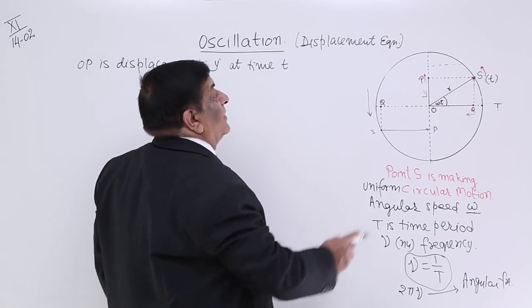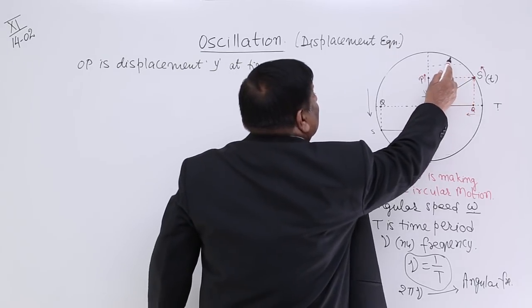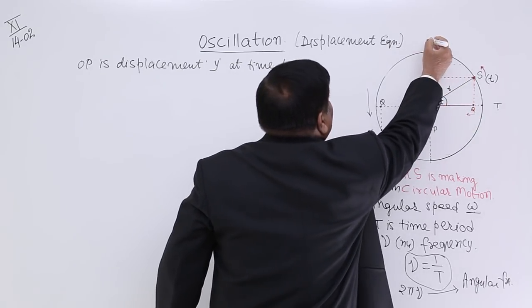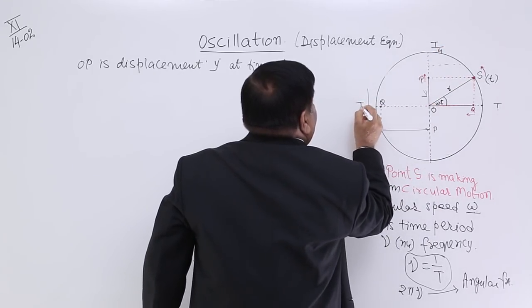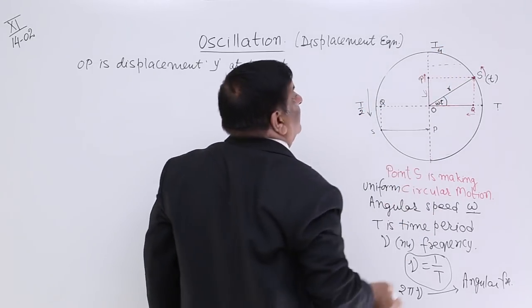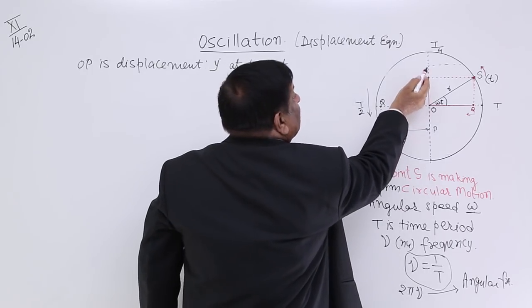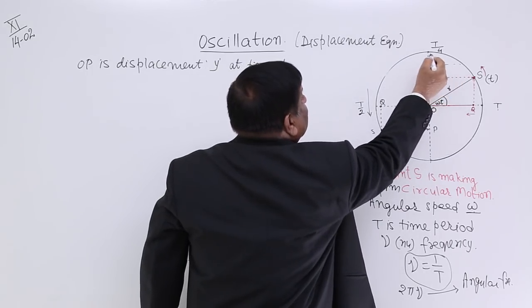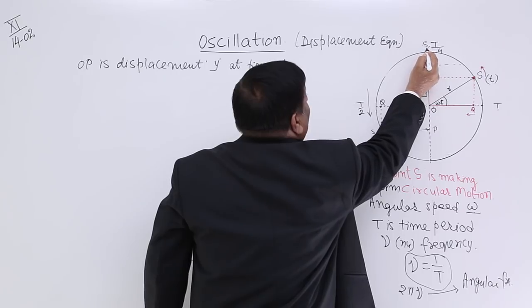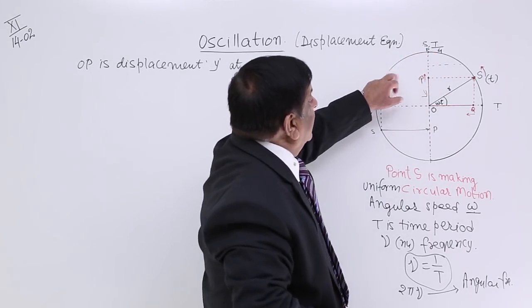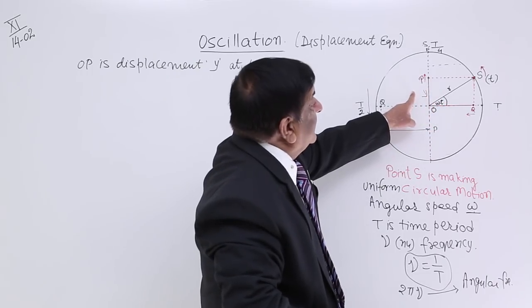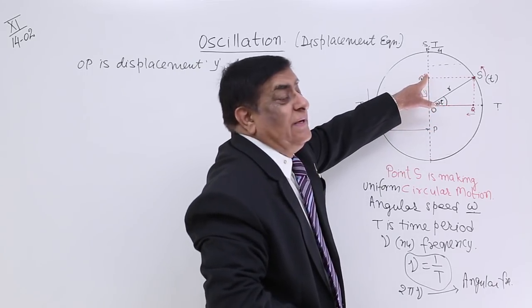Now it will go on increasing and here, when the time is T by 4, where is P? P is here, S is here, both are there. After that, S is coming here, this omega t goes on increasing. But what's happening with P?